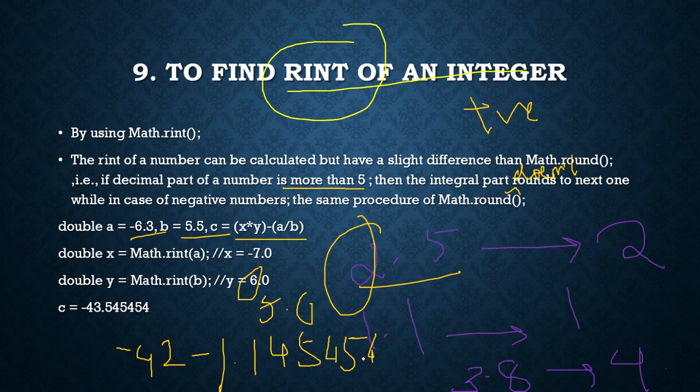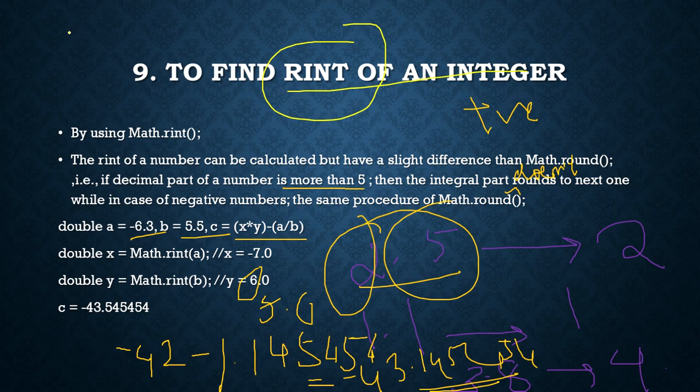That is minus 42 minus 1.145454, which is minus 43.145454. Our answer is minus 43.145454. So there is only a change in positive numbers: if it is 2.5, the answer is not 3 but 2 itself, no change in that.